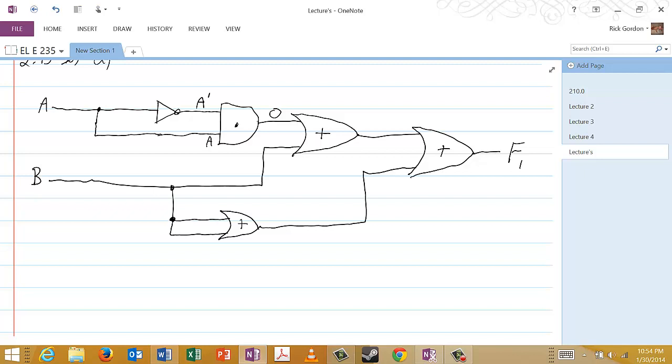Now once we see that, that makes the rest of this problem very easy, because we see that the second input to this OR gate will be B, and B ORed with 0 will give us B as the first input of the final OR gate.